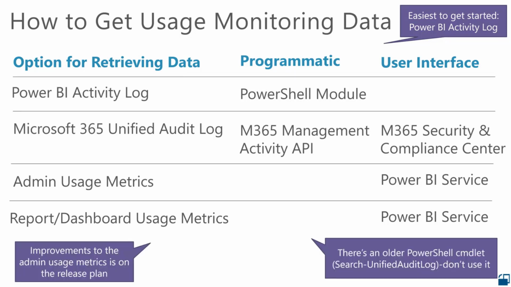What I would say is, if you're not doing it yet, start with the Power BI activity log because it's the easiest way to get started, and much less effort than the management API out of Office 365, or now Microsoft 365.